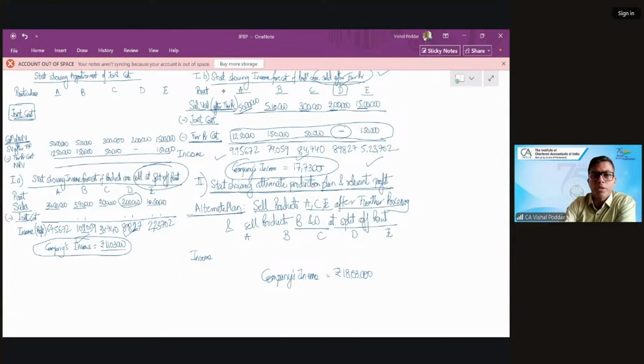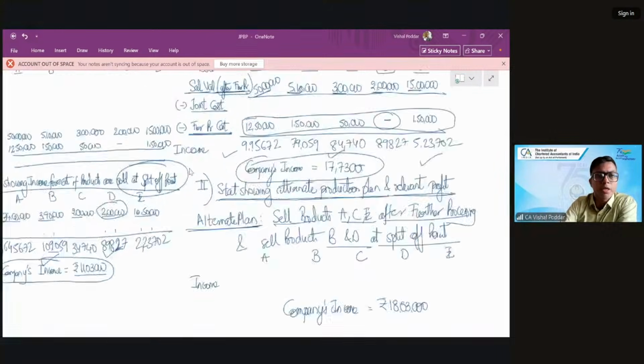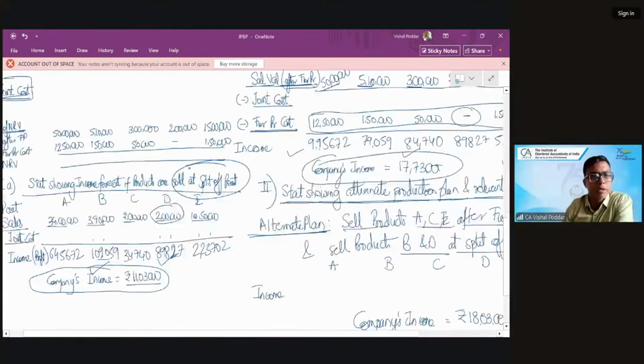Now what I will do is I will bifurcate. Firstly, before bifurcating, I'll first find out NRV. So here NRV is 3750. Here NRV is 360, 250, 200, 1350. So students, these are the NRVs, right?